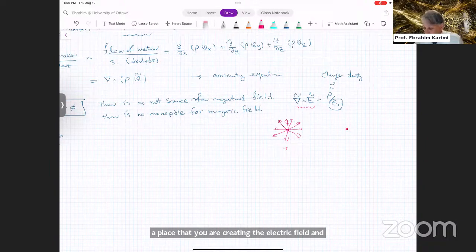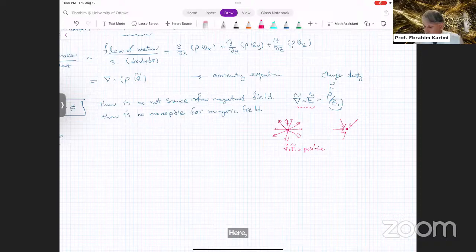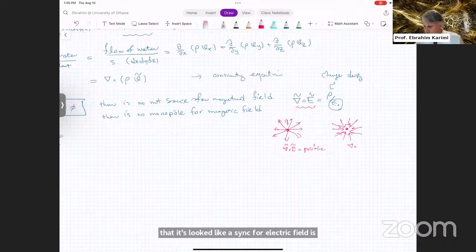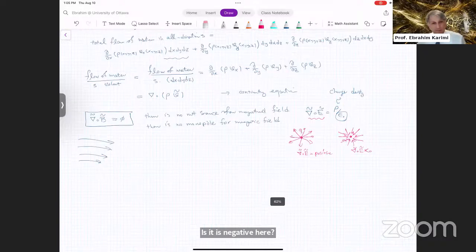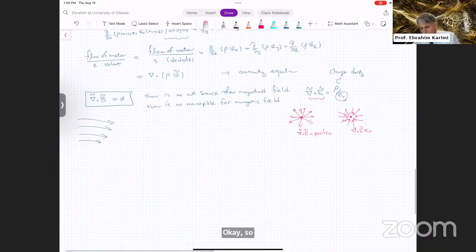Here, you have a divergence of E which is positive. Here, the divergence of E can be negative, which means that it looks like a sink for the electric field. It sucks the electric field. So the divergence of E is negative here.